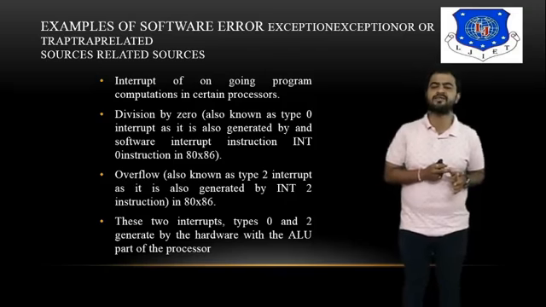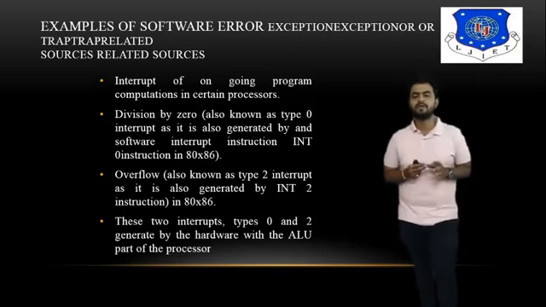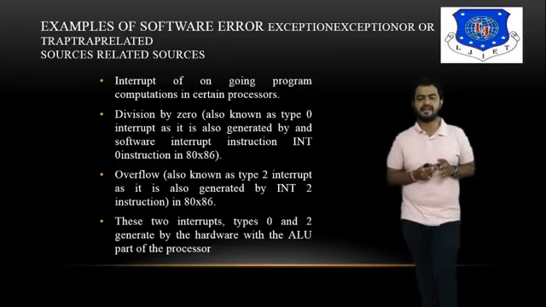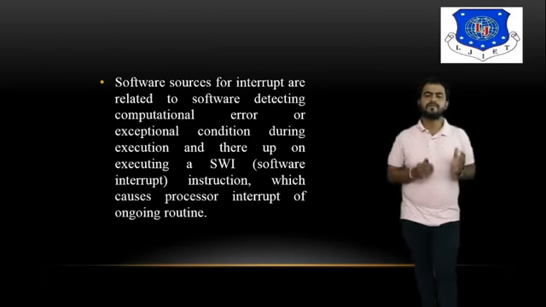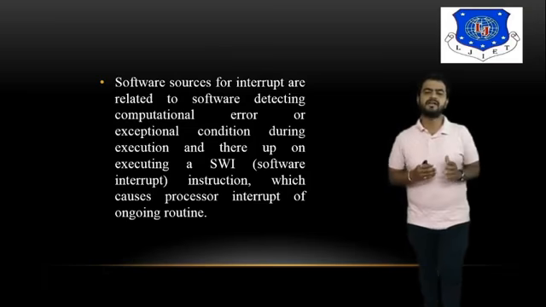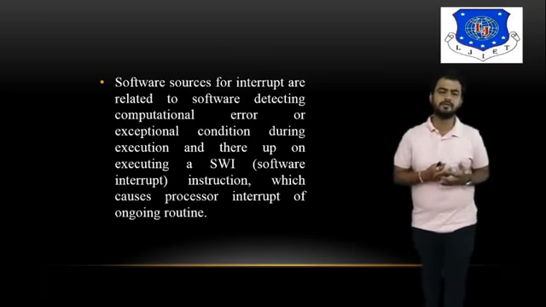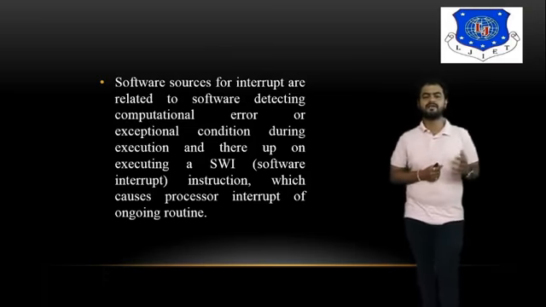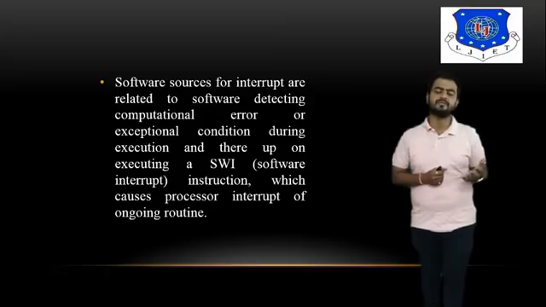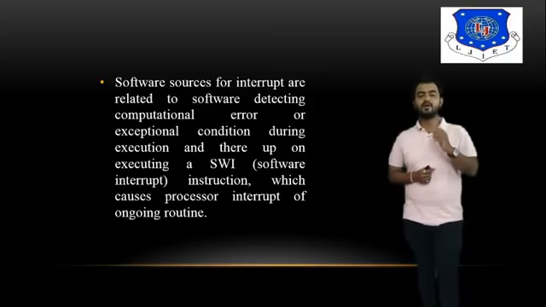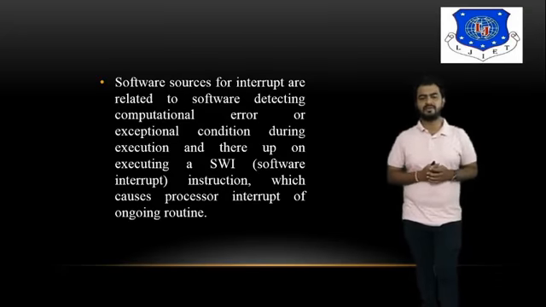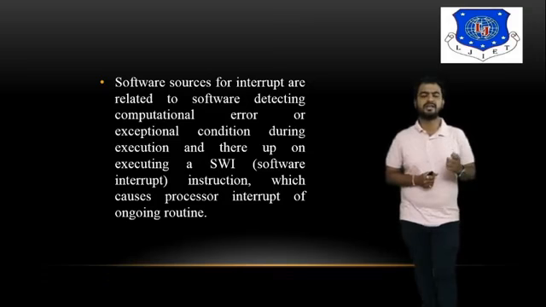If we are talking about the 8086, we are talking about two interrupts, type 0 and type 4, by hardware with the ALU part of a processor. Software sources for interrupt are related to software detection, computation error, or exceptional condition during execution, and on executing a SWI software interrupt instruction, which interrupts the ongoing routine.